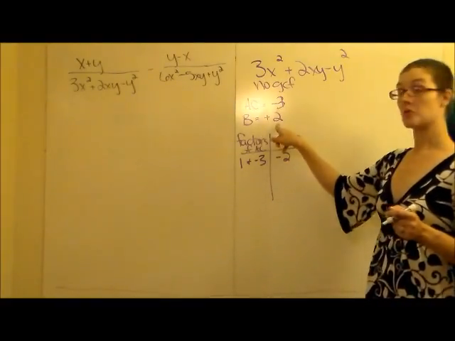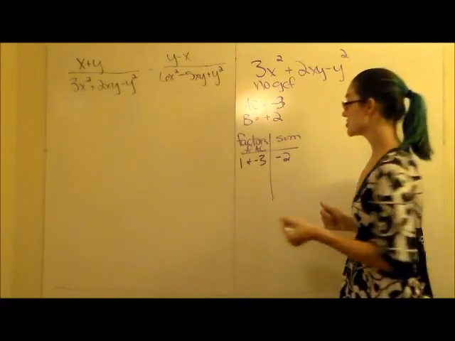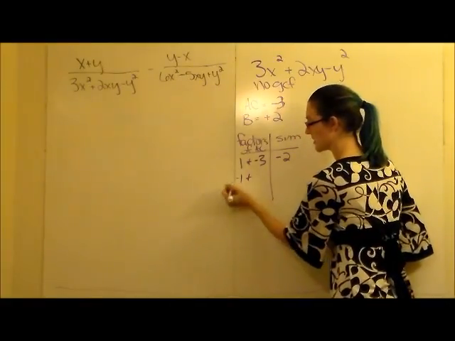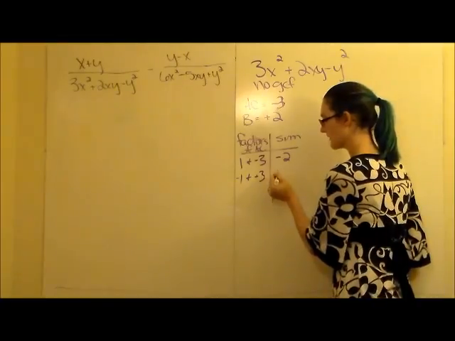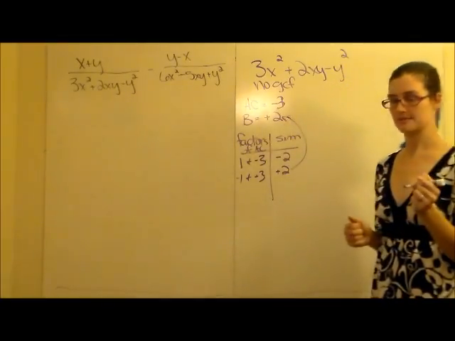We have negative 2, but we need a positive 2. If the only thing wrong is the sign, you're just going to change the signs of all the numbers. So negative 1 and positive 3. If I add those together, I get the positive 2 that I want.